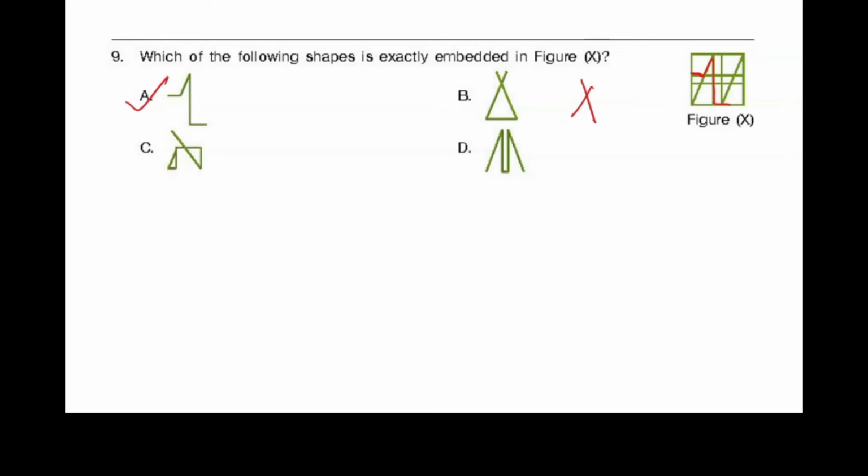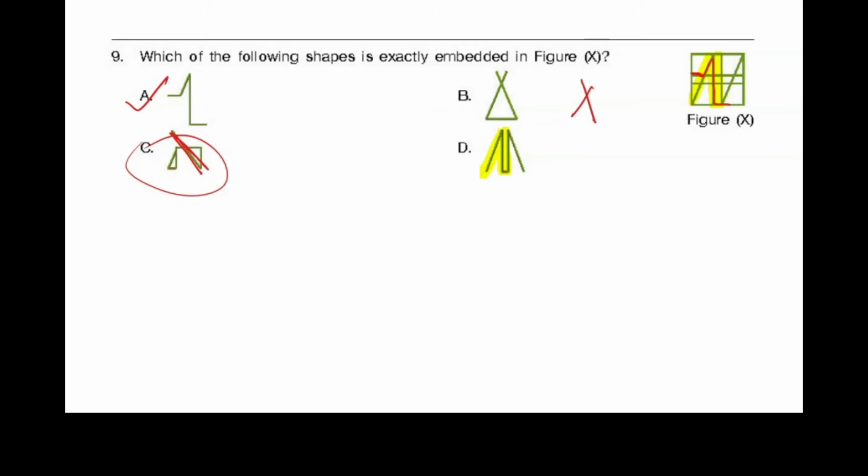Now, option C, we do not have any arrangement like this type of line crossing a horizontal line. We do not have this type of arrangement here. And option D is also not present. Because if you focus here, this one till here seems matching.